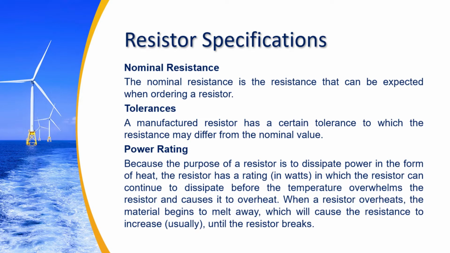So, because the purpose of a resistor is to dissipate power in the form of heat, the resistor has a rating in watts in which the resistor can continue to dissipate before the temperature overwhelms the resistor and causes it to overheat. When a resistor overheats, the material begins to melt away, which will cause the resistance to increase usually until the resistor breaks.